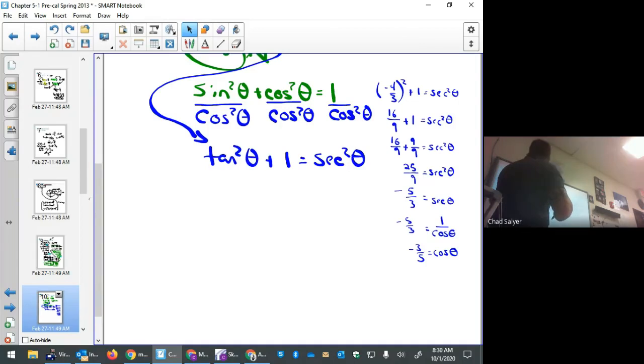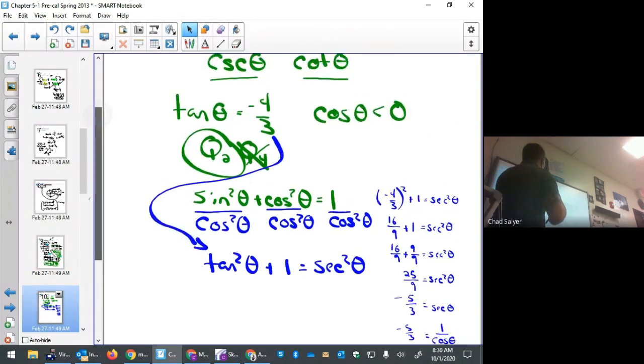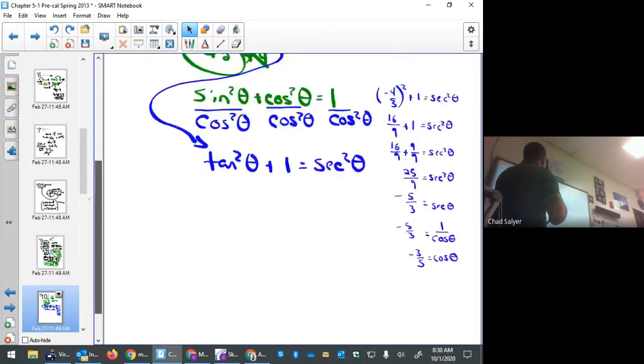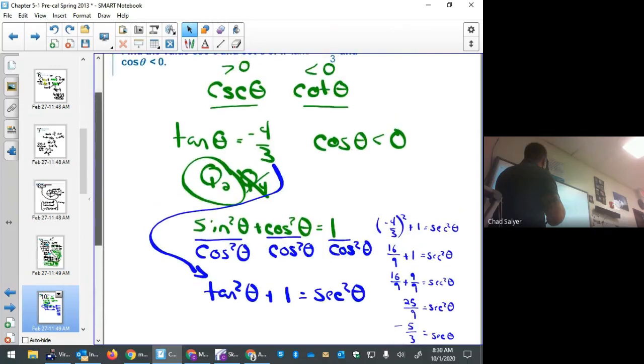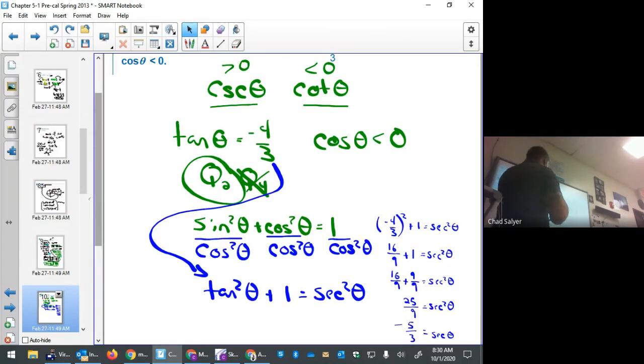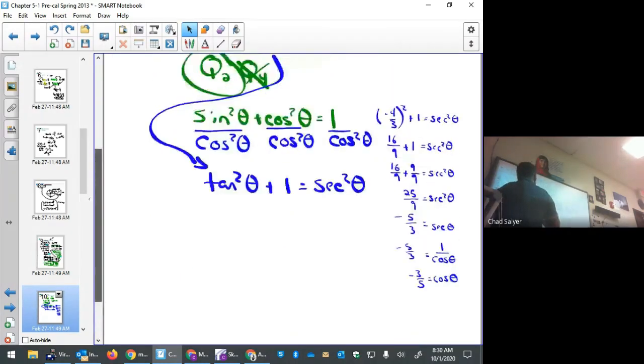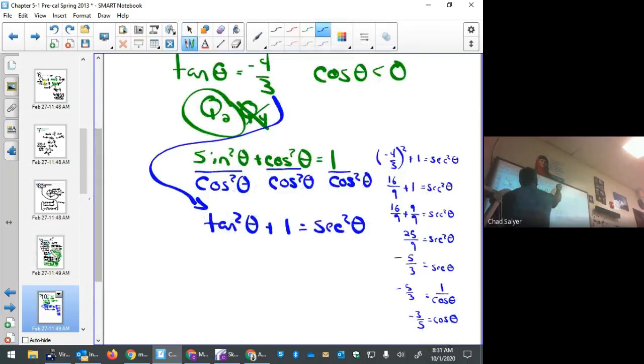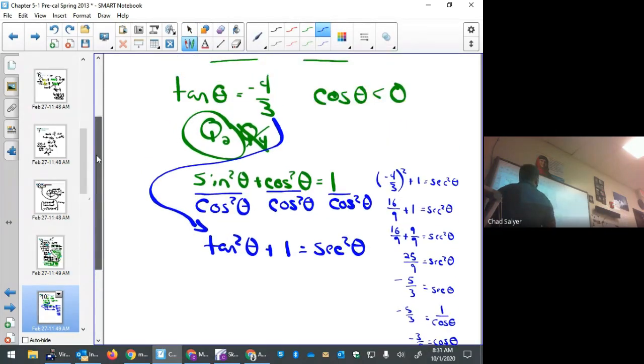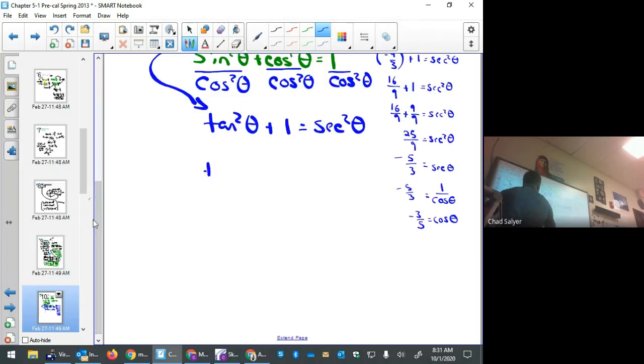Now let's use that to find our real target, which is the cosecant and the cotangent. Well, the cotangent is going to be pretty easy because the cotangent is 1 over the tangent. So let's find the cotangent real quick, since that's the easy part of this whole thing. So tangent theta is -4/3.